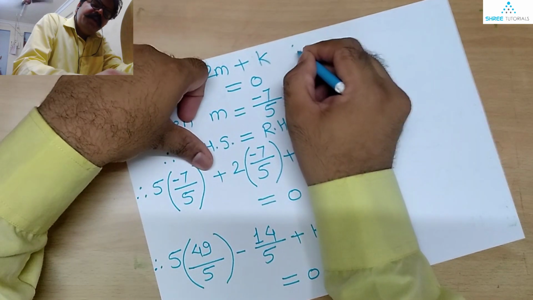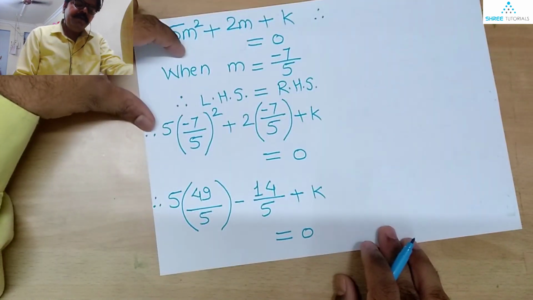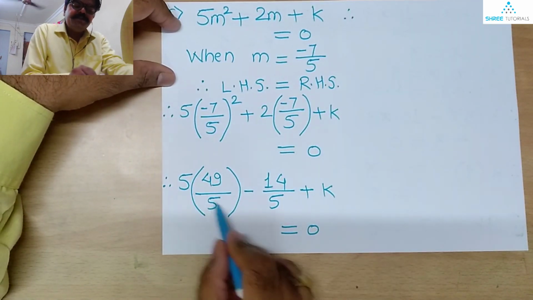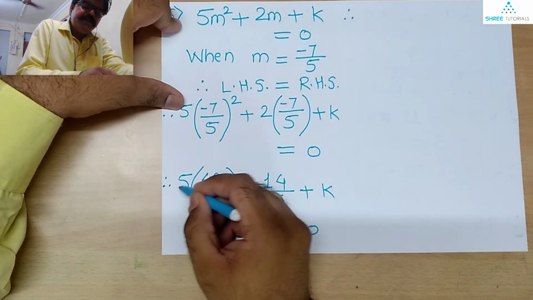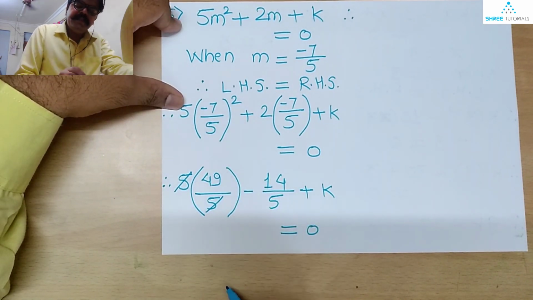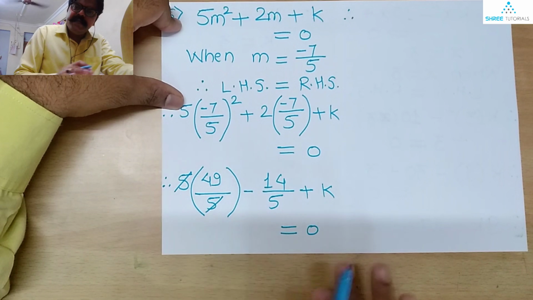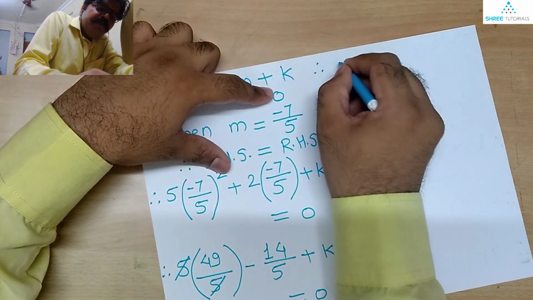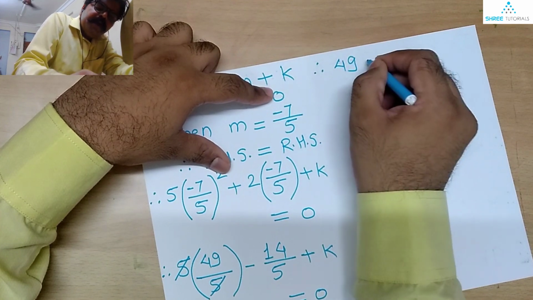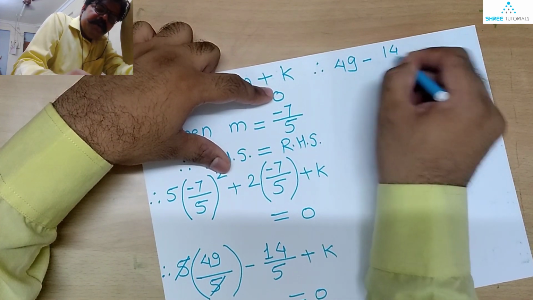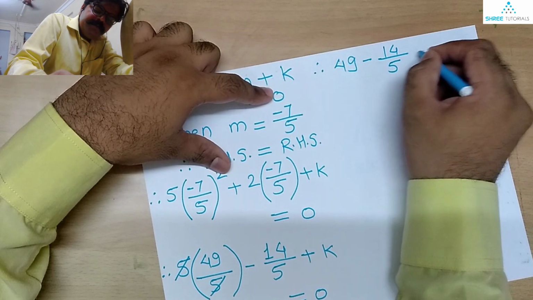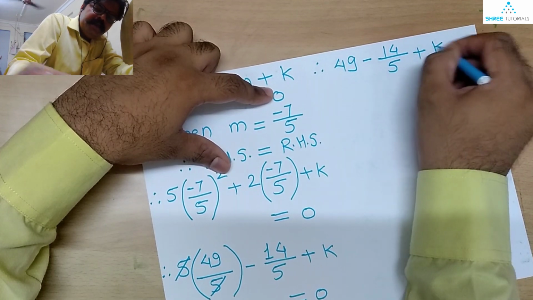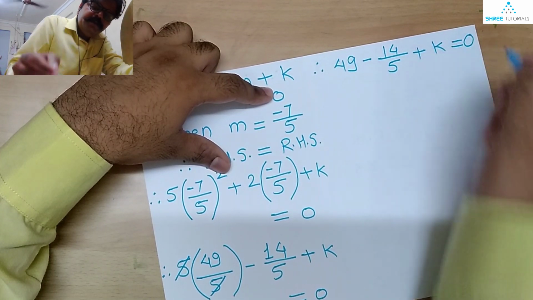Now what we are going to do, we are going to multiply these two together, and therefore this 5 and this 5 will get cancelled, and everything else will remain the same. Therefore 49 minus 14 divided by 5 plus k equal to 0.